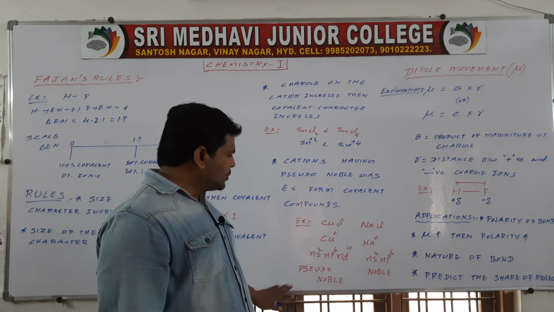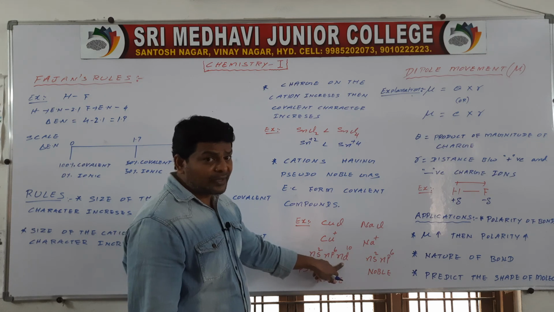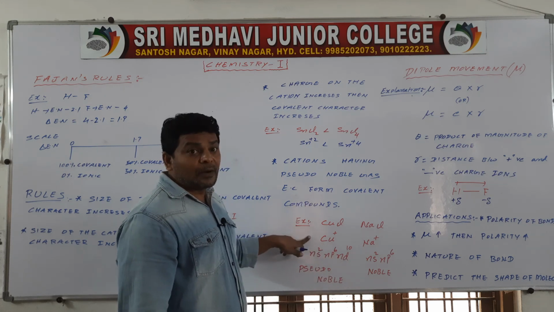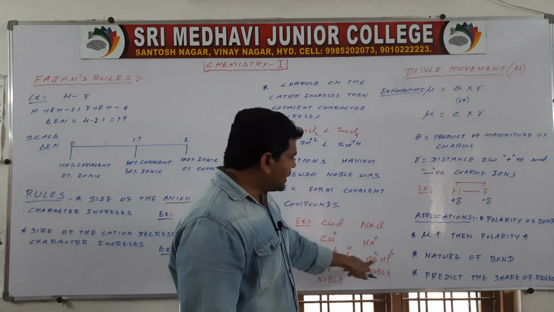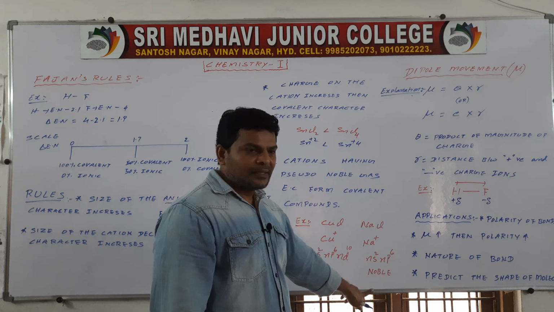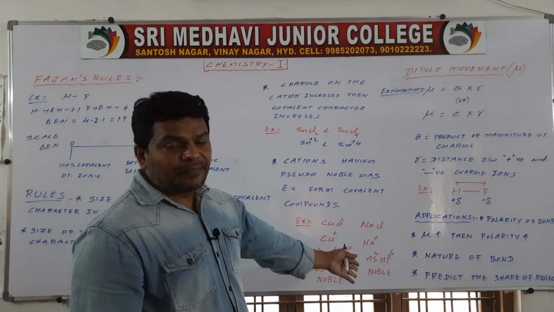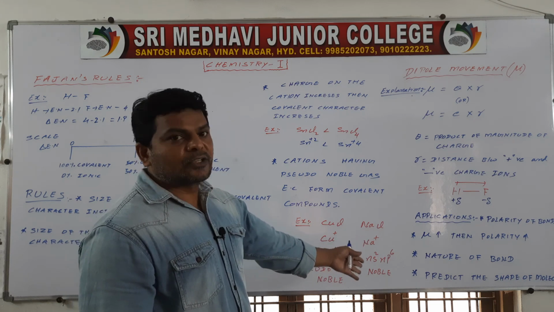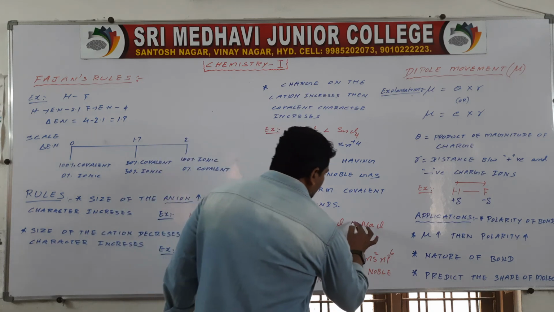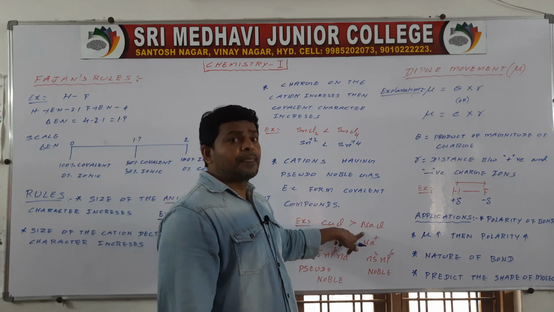So 3 orbitals are fulfilled, so it forms more covalent compounds. Here Ns2 Np6 is a noble gas electronic configuration, so it forms less covalent compounds. Comparing to this, CuCl has greater covalent character than NaCl.